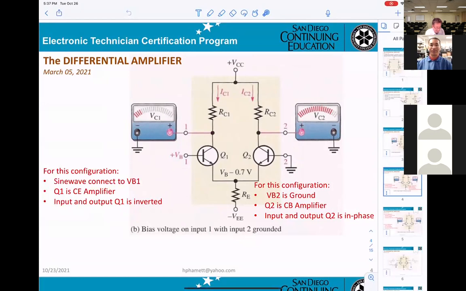So my question is, if you apply the sine wave into the input here, then what is the name of that amplifier for Q1?